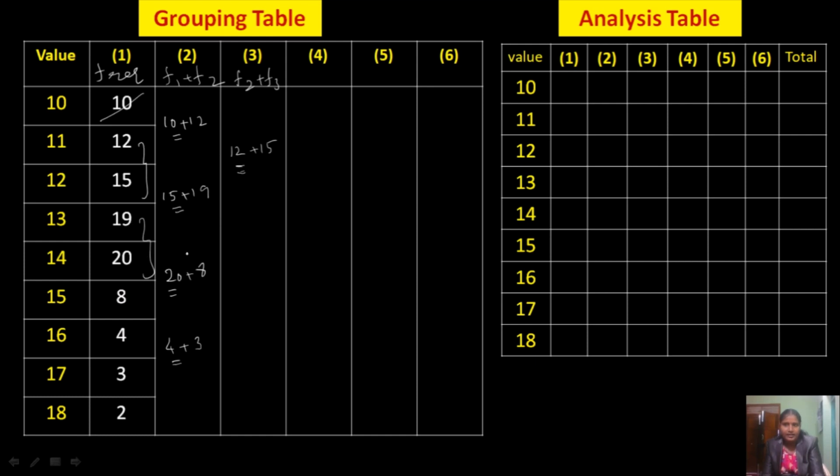Then 19 plus 20, to be written in the center of 19 and 20 approximately. Okay. So 8 plus 4. Then 3 with 2.